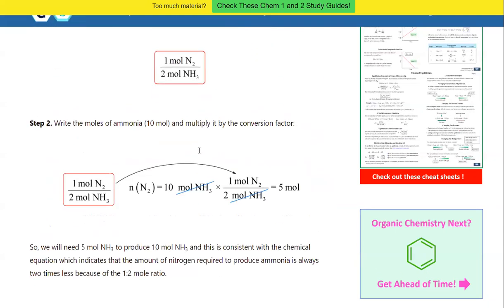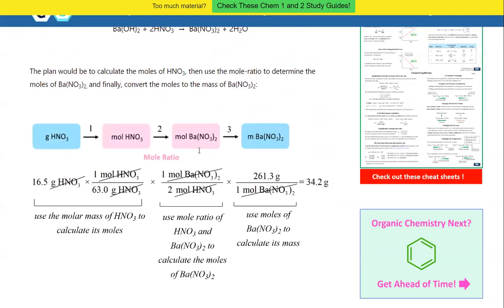And so what we get in the classic kind of problem is this conversion where we're going to convert from grams of nitric acid to grams of barium nitrate.